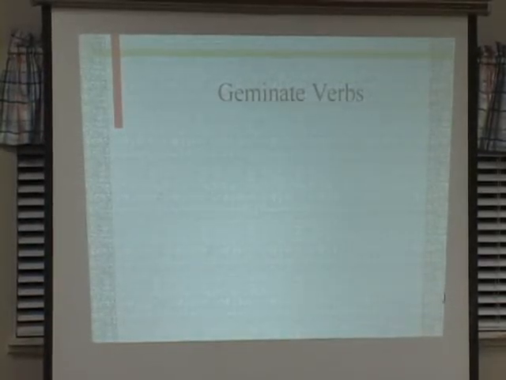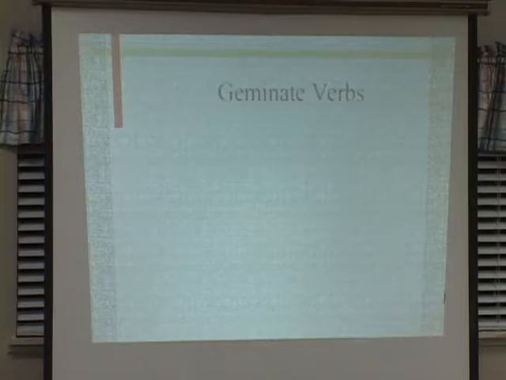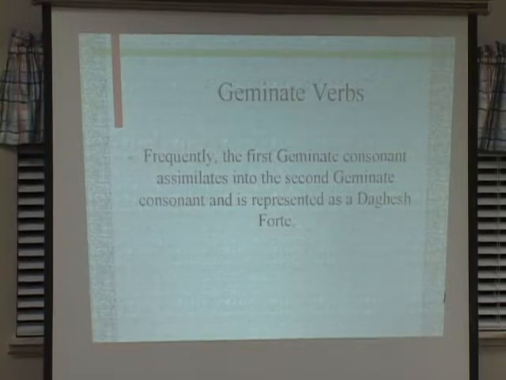Reduplicated letters. Geminate verbs exhibit two major changes. Frequently, the first geminate consonant assimilates into the second geminate consonant and is represented as a dagesh forte. So if you see sab, it's not going to be a Subway sandwich.